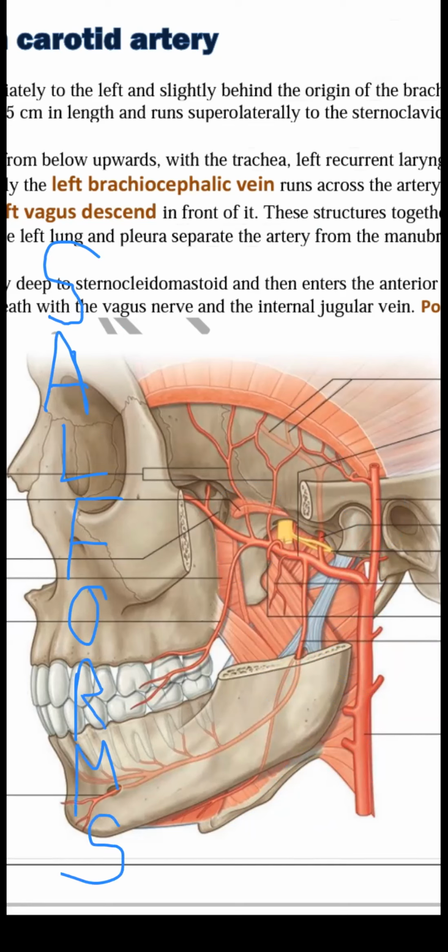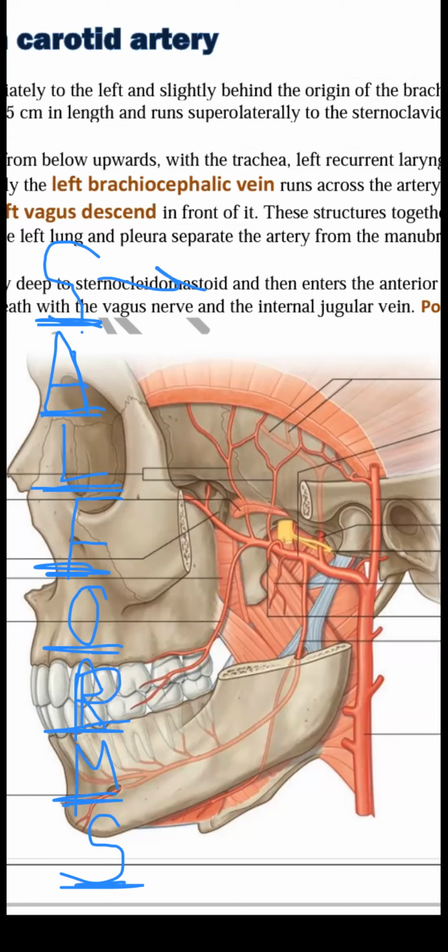These are the branches of external carotid. Again, some American ladies, as we are Egyptians, found our pyramids, this is B, most satisfying.